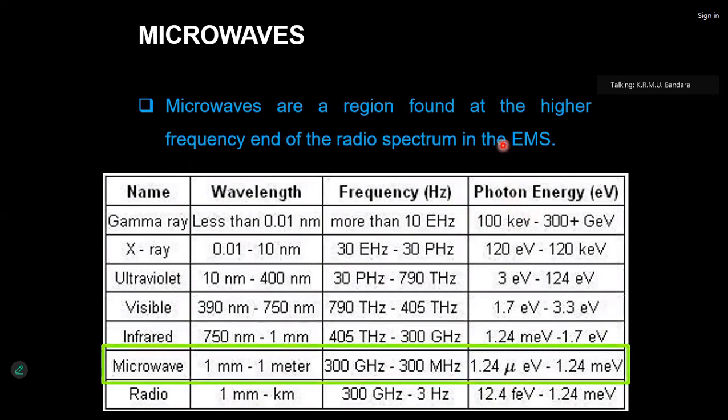You can see the region here, 1 millimeter to 1 meter wavelength. This is the 7 divisions of the electromagnetic spectrum, starting from the shorter wavelength to the longer wavelength, inversely proportional to the frequency. Therefore, higher frequency to low frequency here.